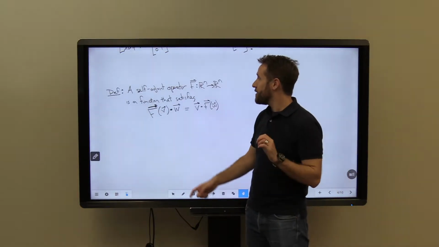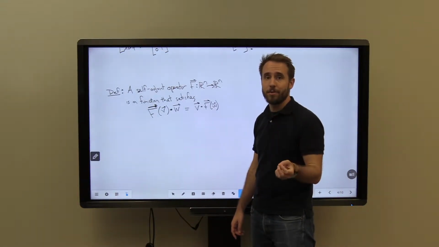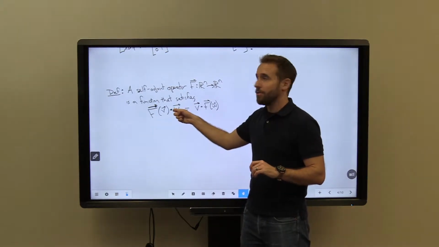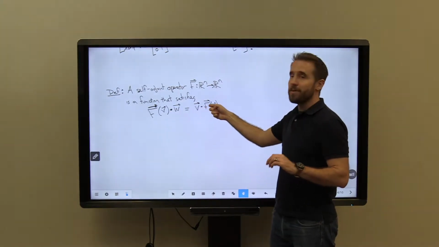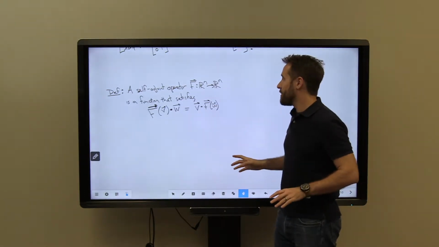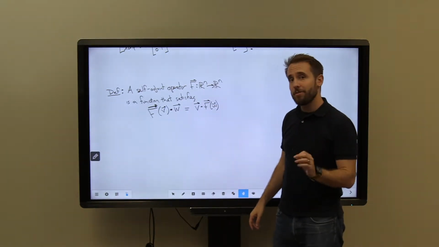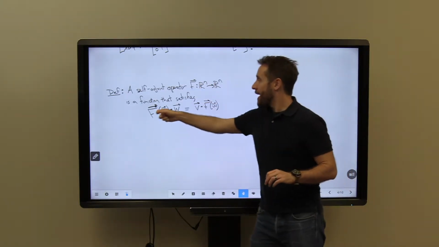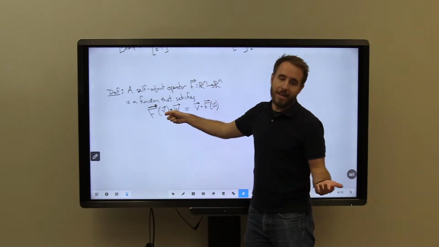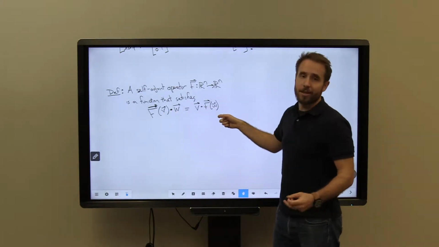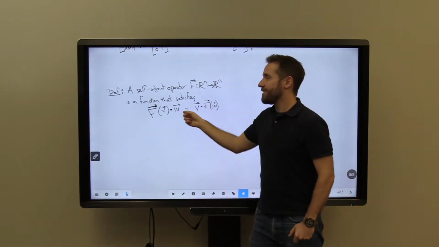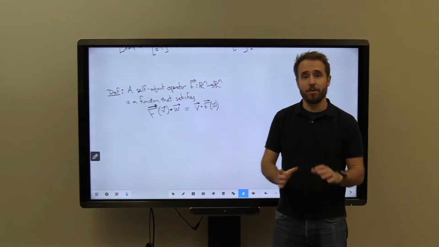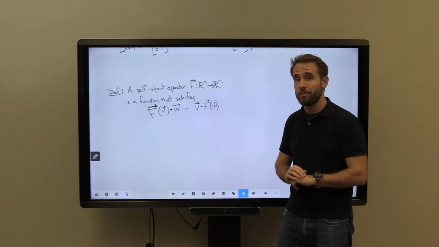Specifically, if I take any two vectors, v and w, then we should have f of v dotted with w equals v dotted with f of w. And just to confirm, v and w are n-dimensional vectors. Since f is a function from Rn to Rn, f of v should still give us an n-dimensional vector, f of w should give us an n-dimensional vector, and so this is the n-dimensional dot product. We're simply saying that a function is self-adjoint if these equations hold true.